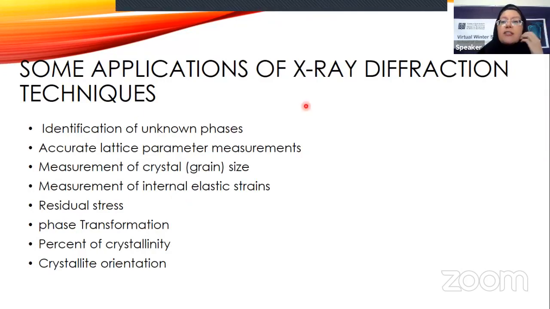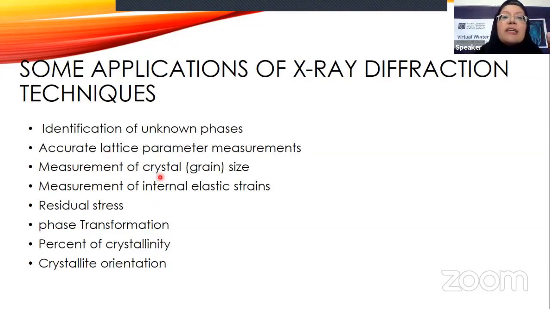Some applications of X-ray diffraction techniques: identification of unknown phases. We can put unknown phases in the X-ray diffraction, and via the obtained graph, in addition with other analysis like FTIR, we can estimate the structure of the material.